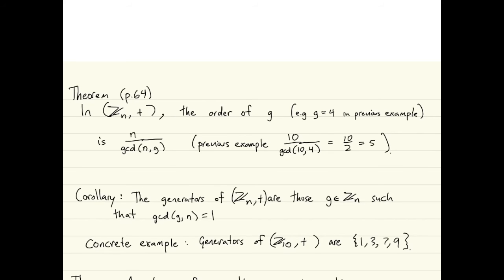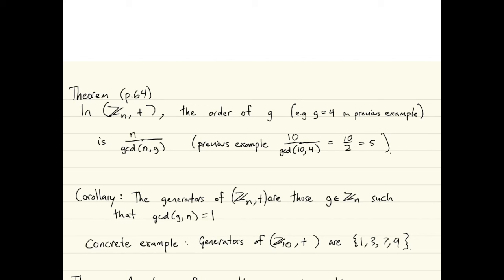Here's this theorem in general: in any Z mod n group, the order of an element g, so in the previous slide we were taking g equals 4, but for any element g, the order is n divided by the GCD of n and g. So in the previous example, n was 10, g was 4, the GCD of 10 and 4 is 2, 10 divided by 2 is 5, and we saw that the order of 4 was 5.